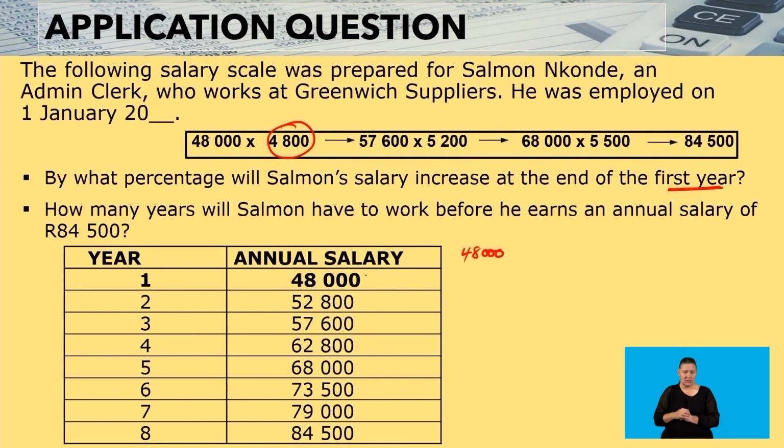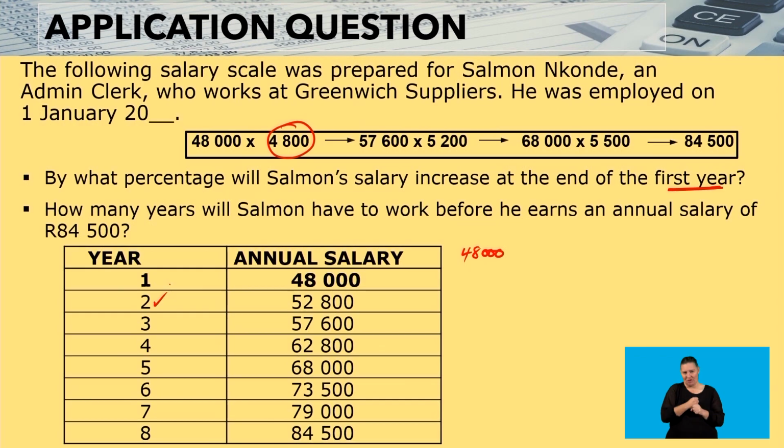In the next year, his salary will increase by 4,800. So at the end of his first year, he is already promised an increase of 4,800, which will start in his second year.